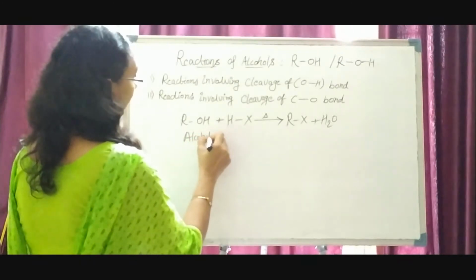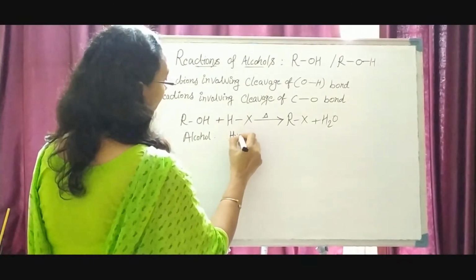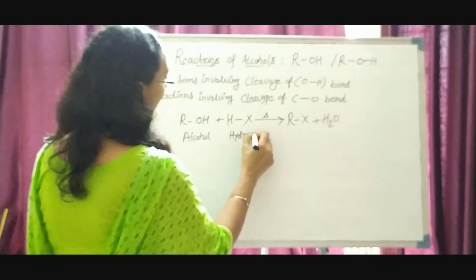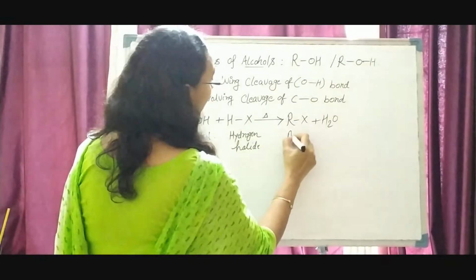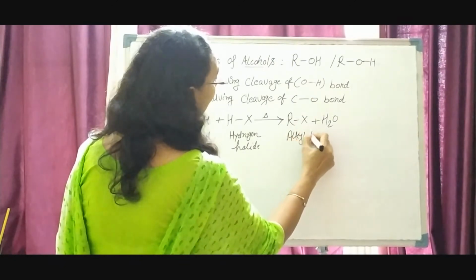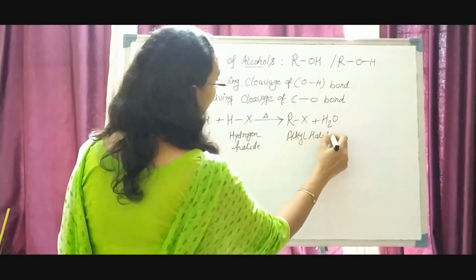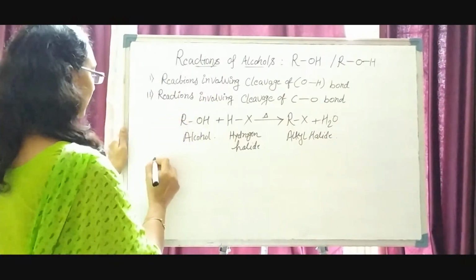So what is this? This is an alcohol in presence of the hydrogen halide. On heating, it will give you an alkyl halide. Is it clear? Okay, this is the general reaction.